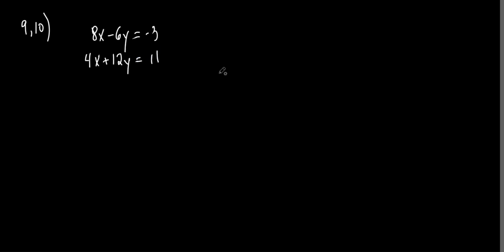Yeah, it's definitely set up for you to do elimination, isn't it? So what do you want to do? What do you want to get rid of? Get rid of everything? You're not going to get rid of everything. Get rid of the x? All right, so what are you going to have to do if you want to get rid of the x's?